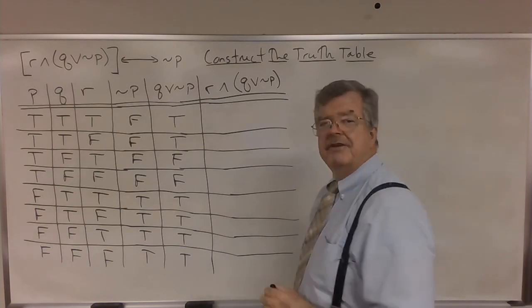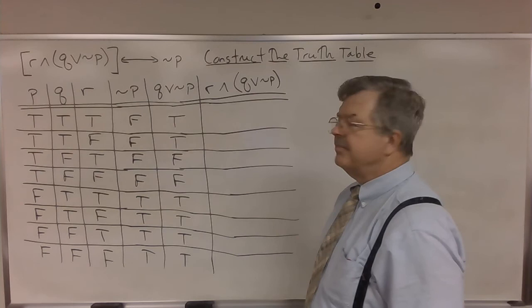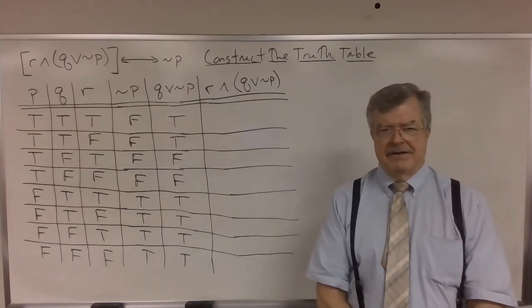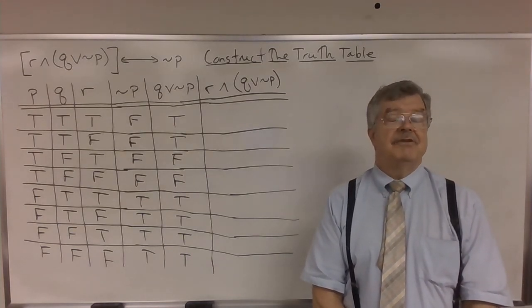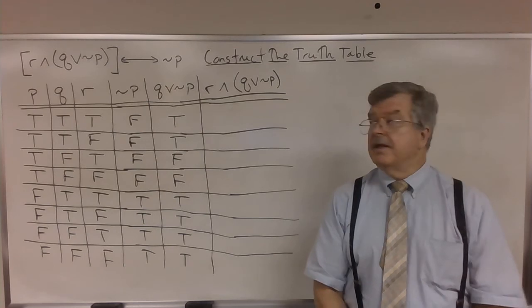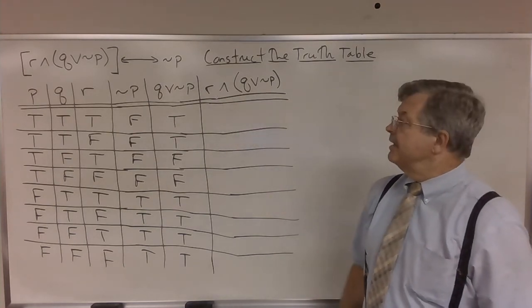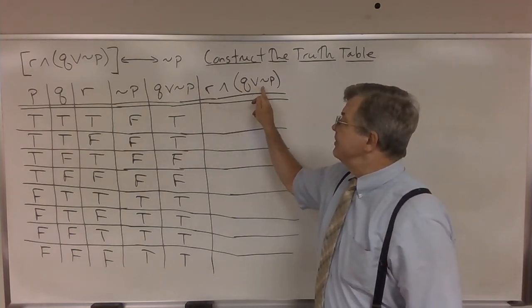And this is essentially an and statement. It's R and this thing. Again, what's the special case for an and statement? The only time that an and statement is true is when both of the individual statements are true. So we look for when R is true and when this thing is true.